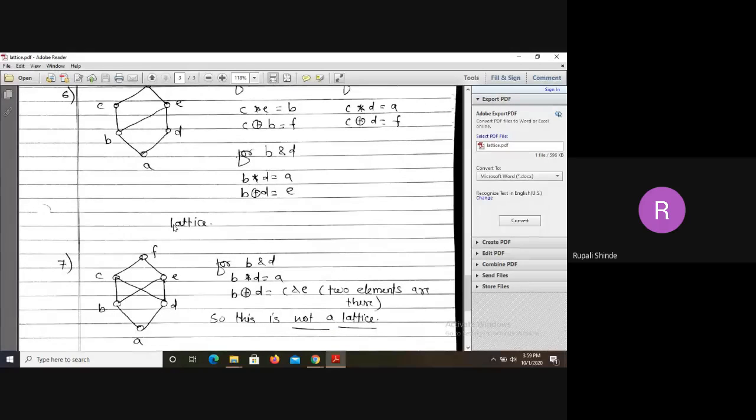Now next diagram. Look at the diagram and tell me whether this one is a lattice or not. First of all, tell me what are the pairs of elements you are going to consider?